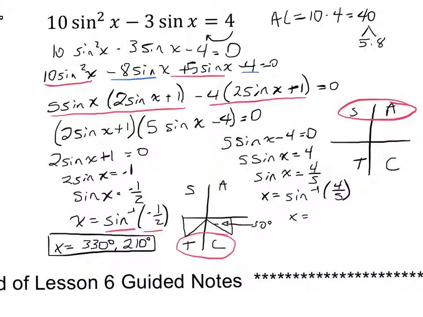And here, the inverse sine of 4/5 is going to be 53.13 degrees. Okay, and so we know we're dealing with that in the first quadrant, so that answer is good. And in the second quadrant, we're also dealing with this. So if we subtract that from 180, we get 126.87 degrees.